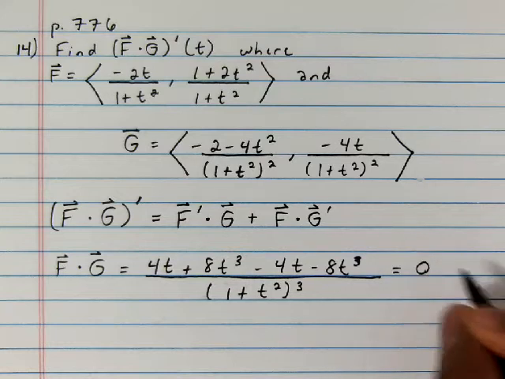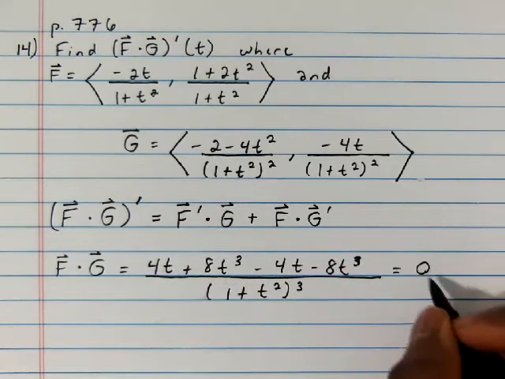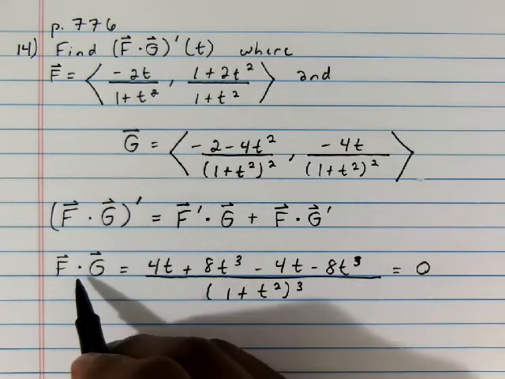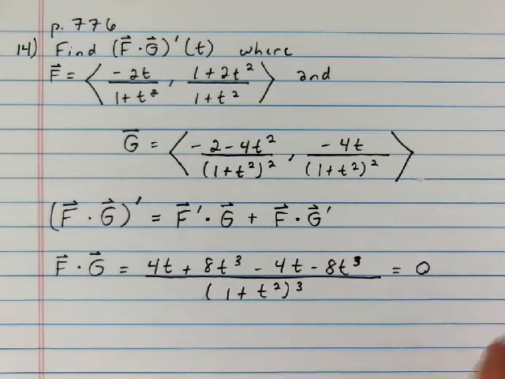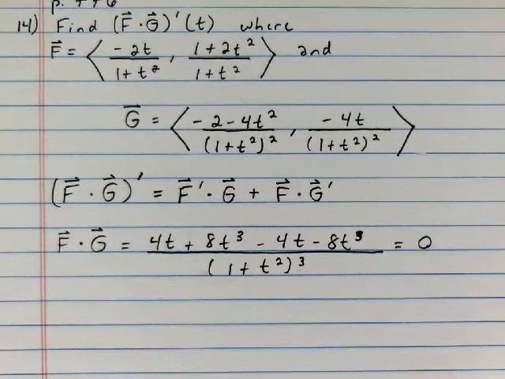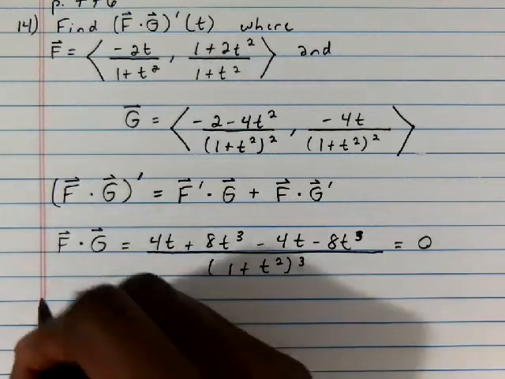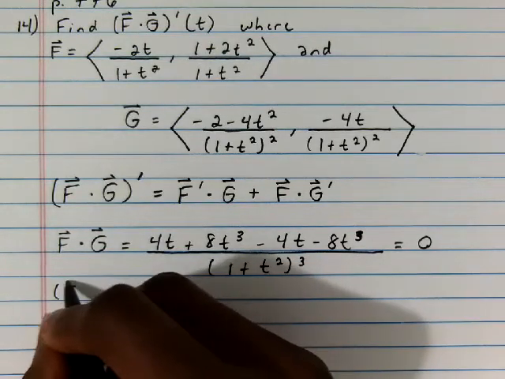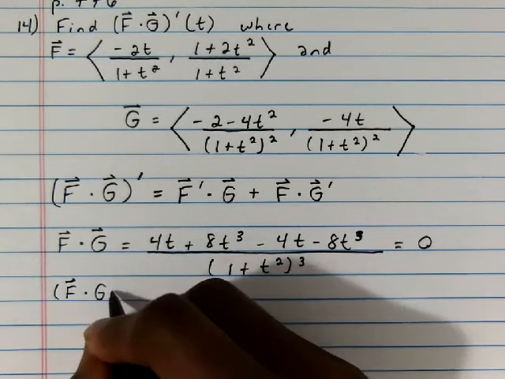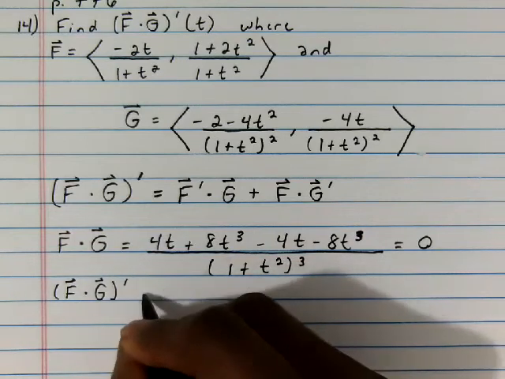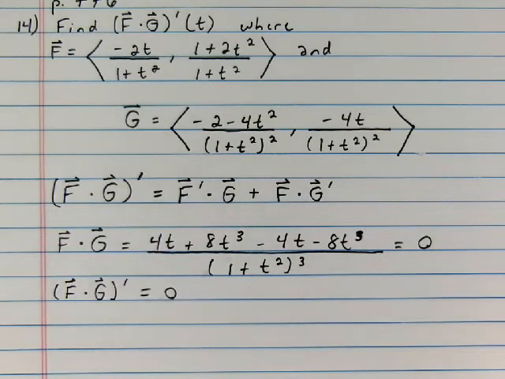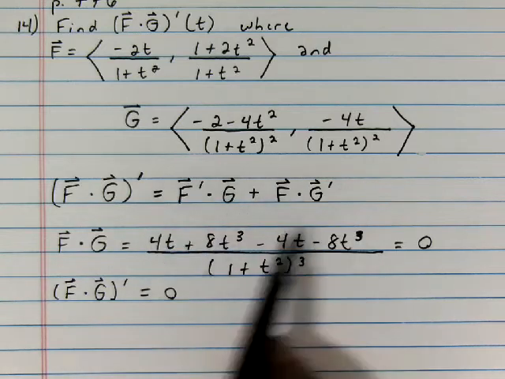So this equals 0. And this is not the 0 vector, because remember a dot product gives us a scalar. And now the derivative of 0 is just 0. So f dot g prime is just going to be equal to 0. And that's our answer there. And we would have gotten the same thing had we gone about it this way.